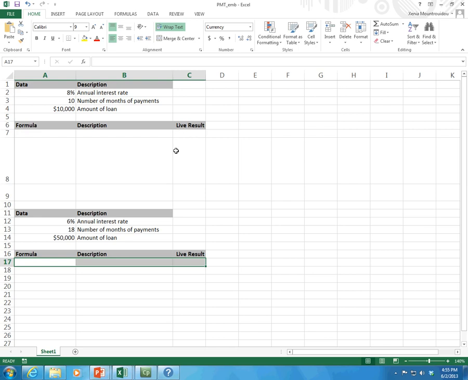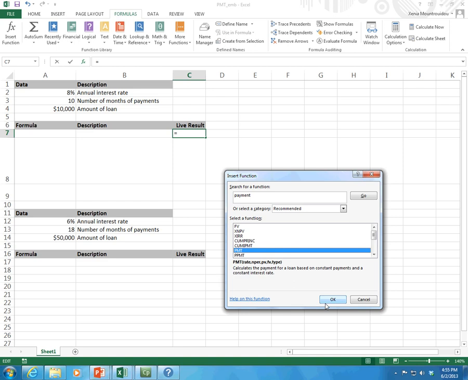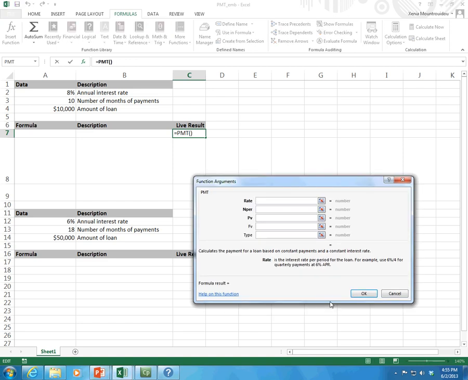So, going back, Live result, formulas, insert function, payment. Even if I don't remember, in this case the first choice was not the best, but I just know that this is the accounting formula that I want to use.